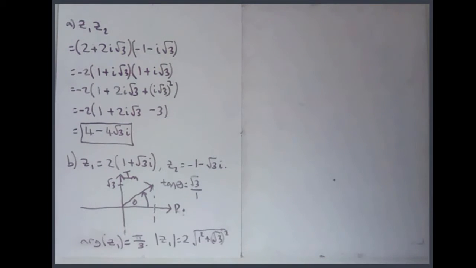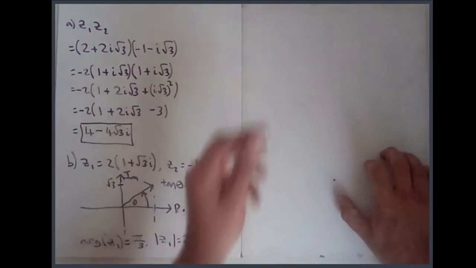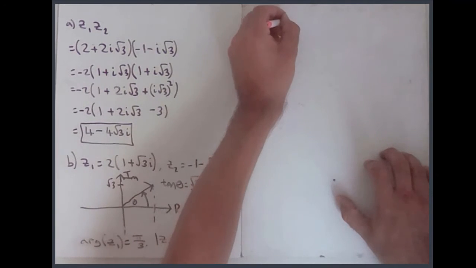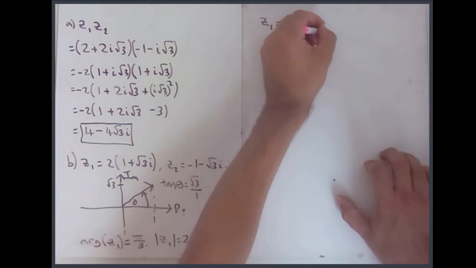Okay, so 1 squared is 1, root 3 squared is 3, 1 plus 3 is 4, square root of 4 is 2, 2 times the other 2 is 4, so the modulus of Z1 equals 4, so that means Z1 equals 4 cis pi by 3.